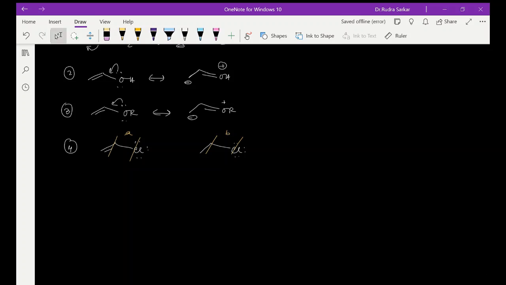In that case, one has to remember, since there is a donation happening like that, in case of vinyl chloride there is some amount of double bond character for the A, so we will say A is shorter than B. Okay.